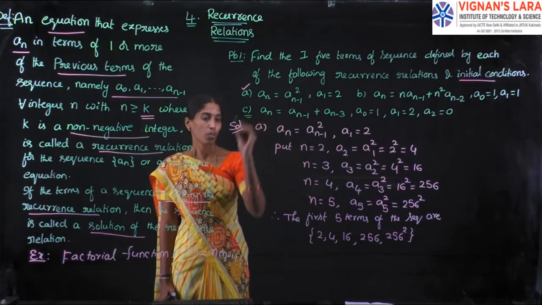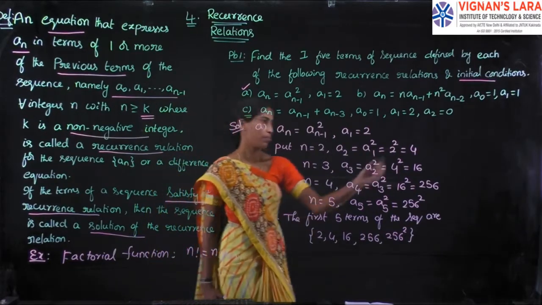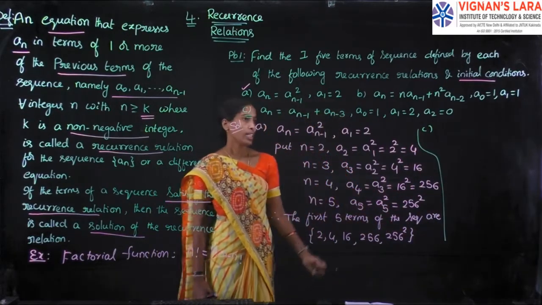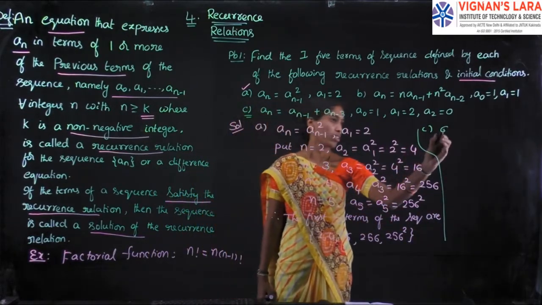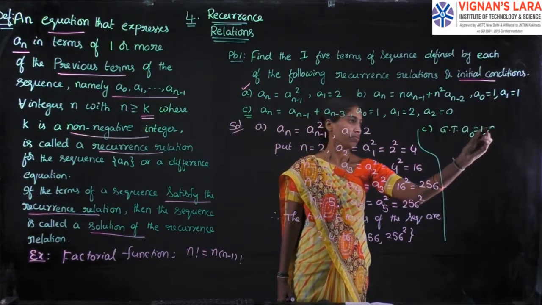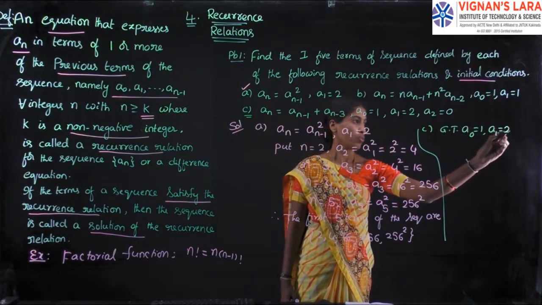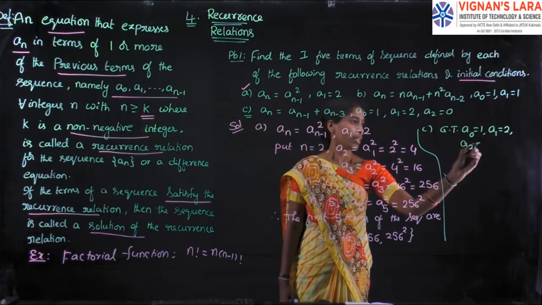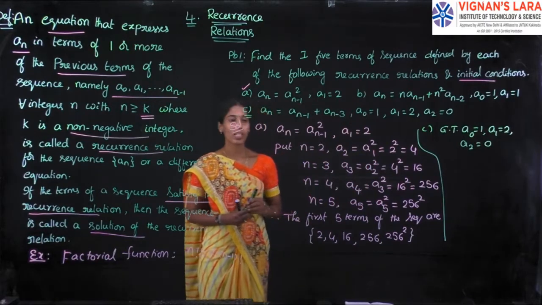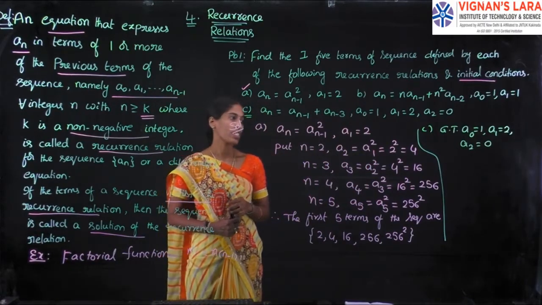Now I am going to try the third one, which is C. What is C? Here it is already given that A0 value is 1, A1 value is 2, A2 value is 0. So what is the next term of the sequence? The next term of the sequence is A3.